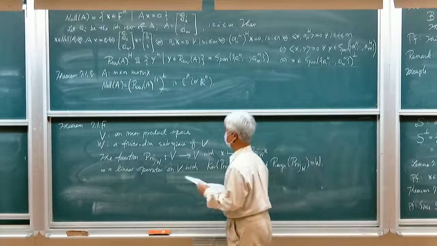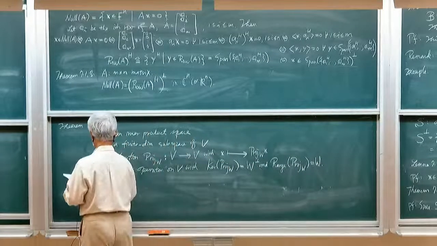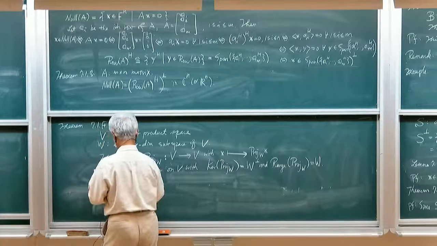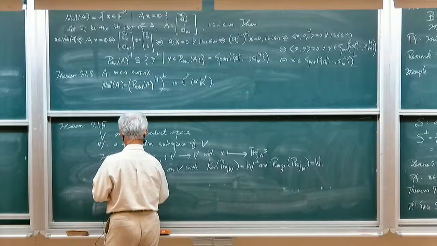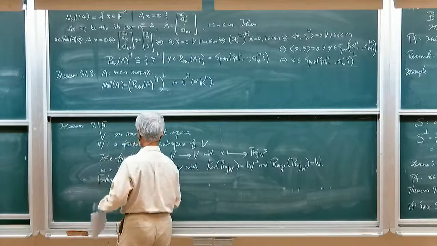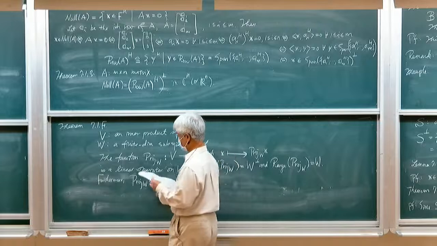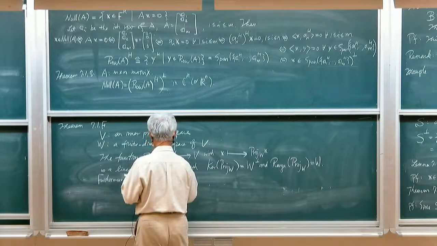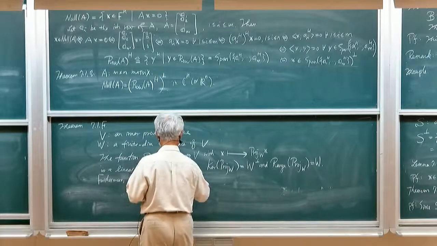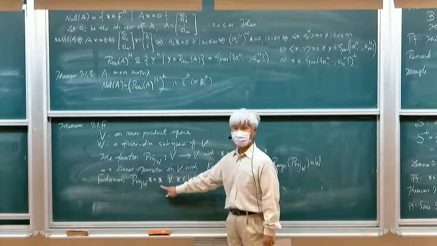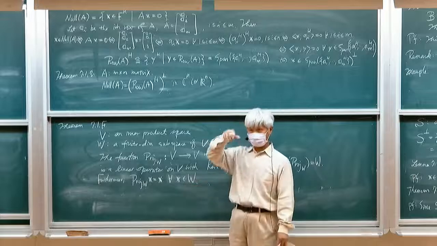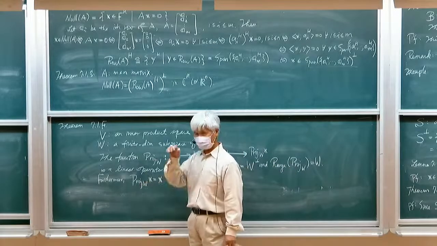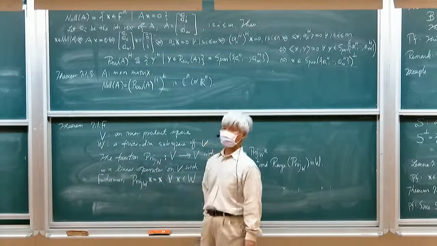And furthermore, if X is in W, then the projection will be itself. So if the vector is in the subspace already, then the projection of X onto W is itself.